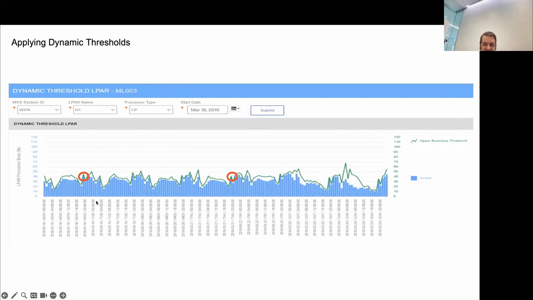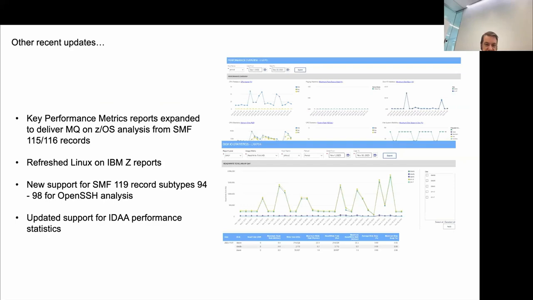Again we've got the hourly profile, and we're just showing the upper boundary here, which is the green line. Where I've highlighted with the red circle, the blue bars are the actual observed parts. Whenever we break through that upper boundary, we will register an exception within our system to show that.